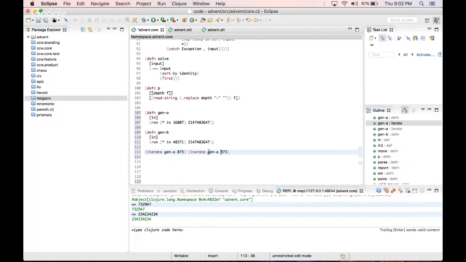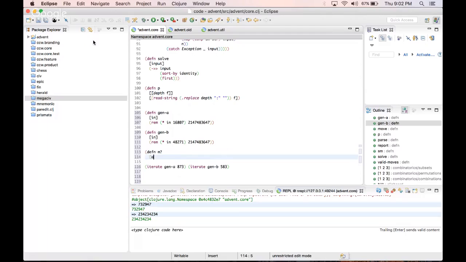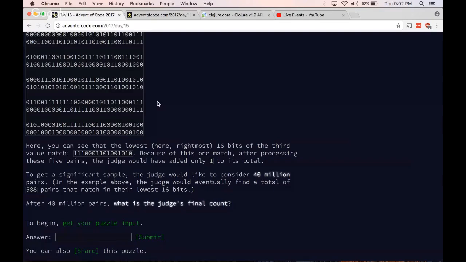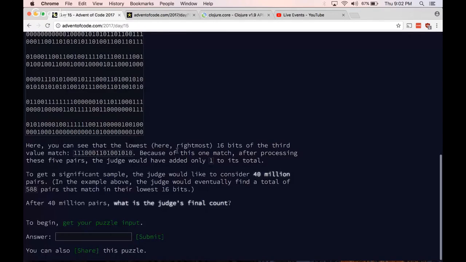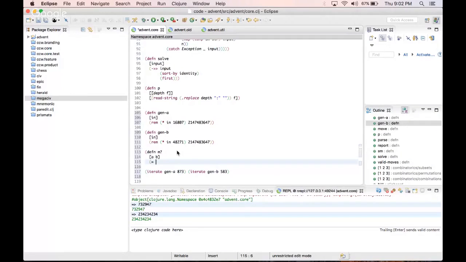And then we're also going to have iterate gen B starting here. And then we're going to have some match here for values A and B. This is basically, is it the case that the 16 lowest bits are the same? So is it the same?